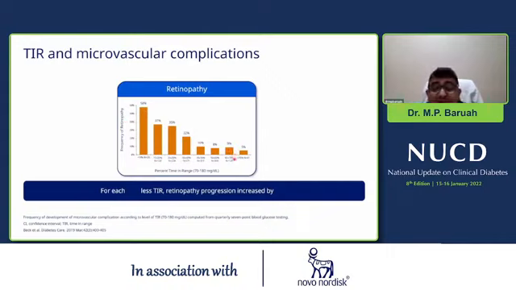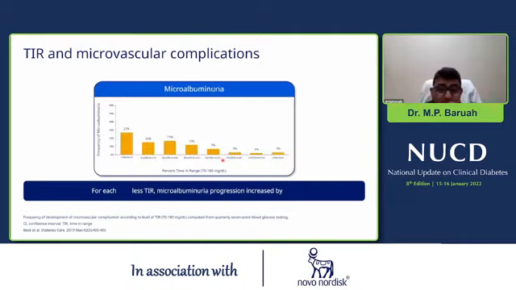That's why the cutoff of 70 has been incorporated into the guidelines for time in range. So above 70, there is minimal chance of having retinopathy, so that can be considered negligible. So the problem starts just below 70%. So you should try to maintain a patient's glucose levels at least more than 70% of the time throughout the day within the target range.